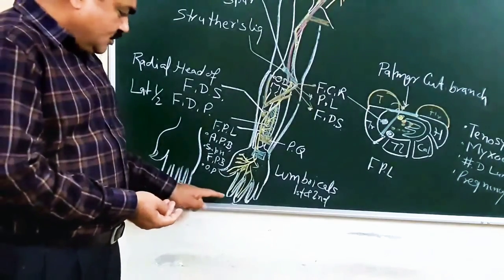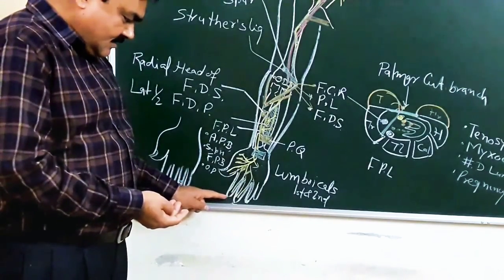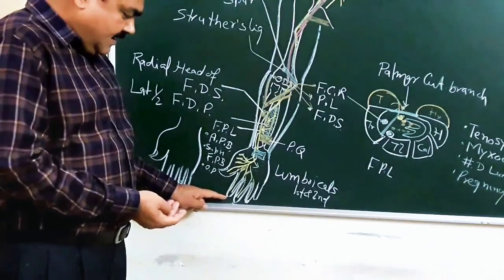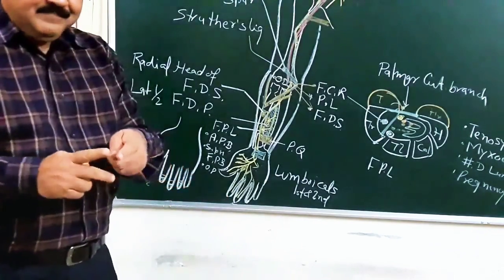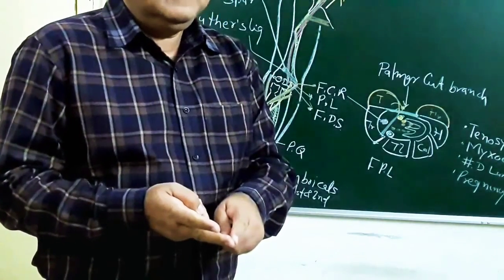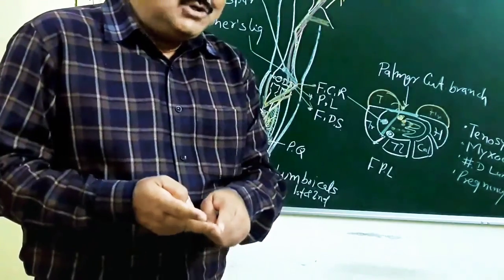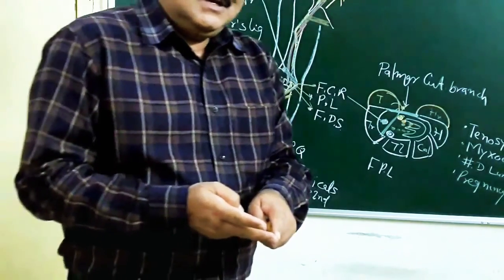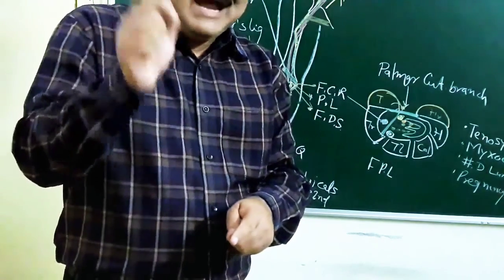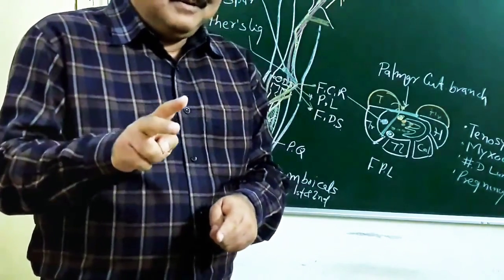There is an autonomous zone which can be examined by touching the tip of the index and middle finger. This autonomous zone is the area of skin which is exclusively supplied by that particular nerve.